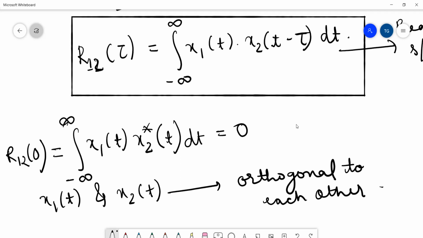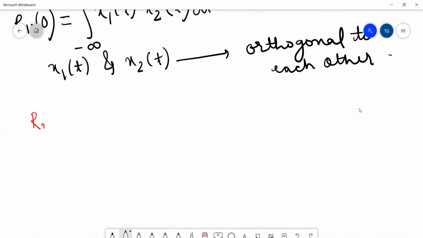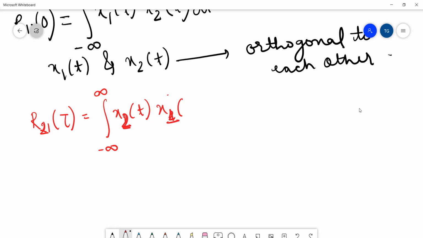We have seen this when my denotation is 1 2. Now we will see when I denote this cross correlation function as r of 2 1. Then how do we write down this mathematical expression? So r 2 1 of tau will be written as the integral from minus infinity to infinity of x2 of t, since 2 is first, and here it will be 1, the complex conjugate of the second one.